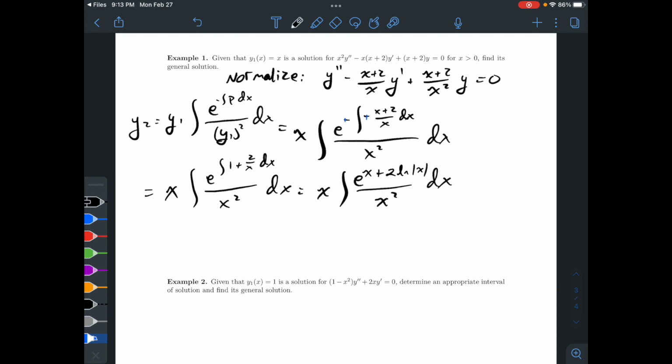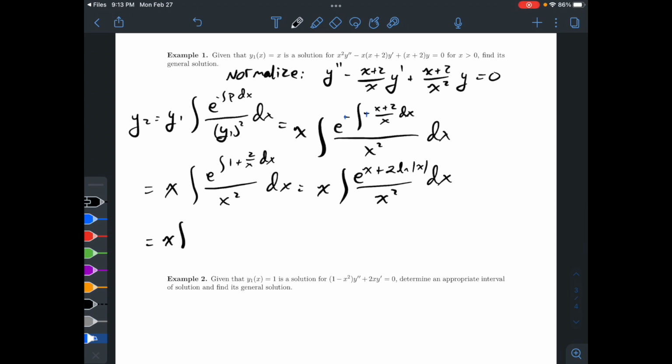Copying more stuff down just from previous steps. And then this is x times the integral of e to the x times e to the 2 ln of x, which is really ln of x squared. And of course, e to the ln of x squared is just x squared.